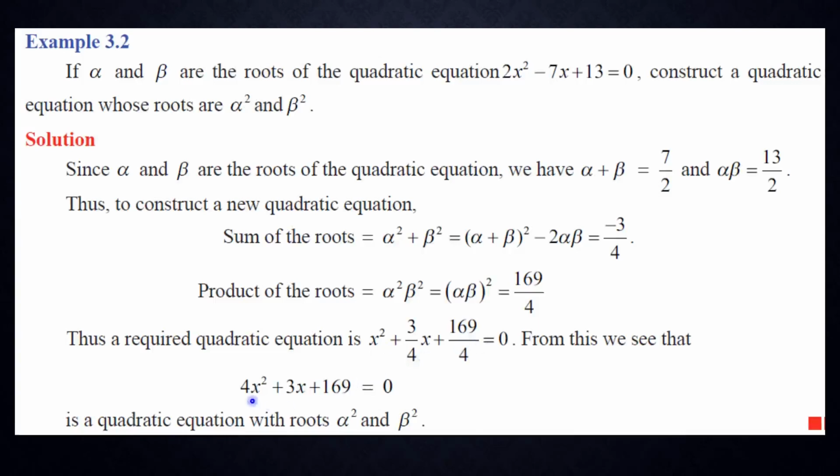So we will get 4x square plus 3x plus 169. Here, when we multiply by 4, the 4 in the denominator gets cancelled. On this side, 0 into 4 is 0. That is one method. Or we can take the LCM and cross multiply. Whatever the method, the answer is 4x square plus 3x plus 169 equal to 0. This is the answer for this sum.